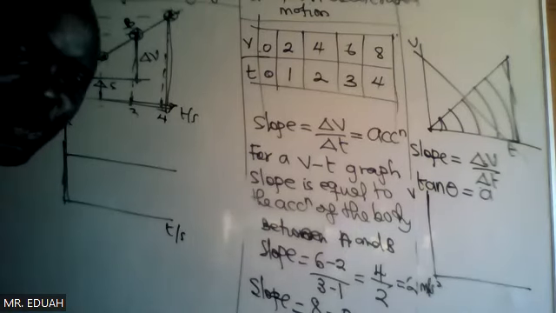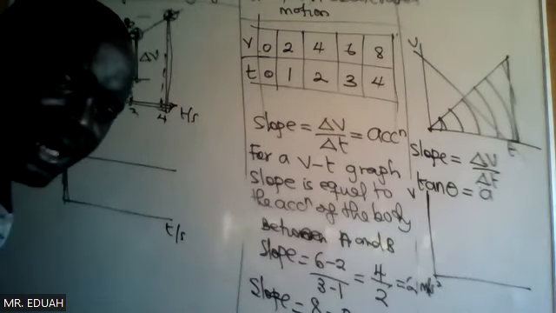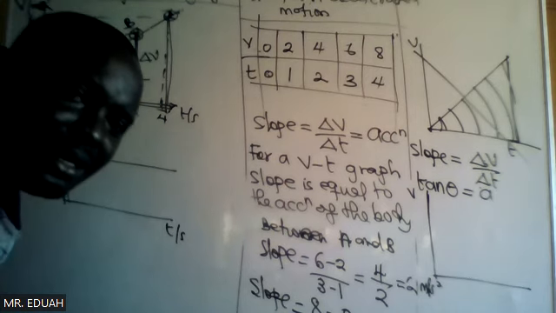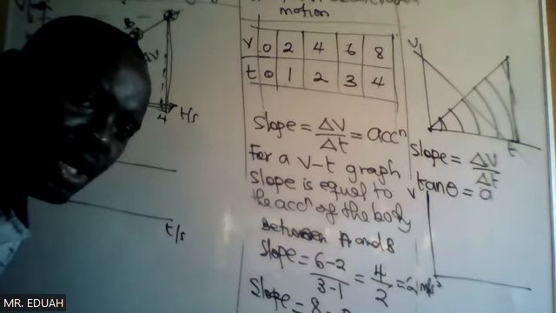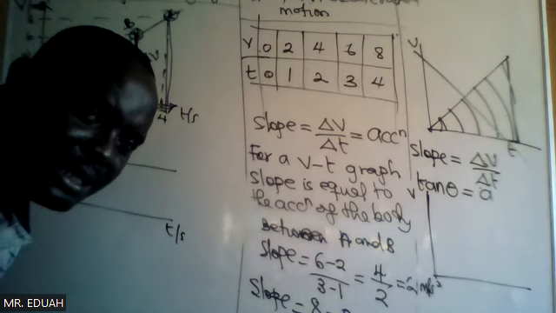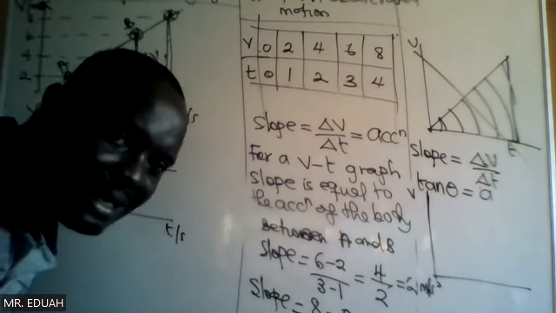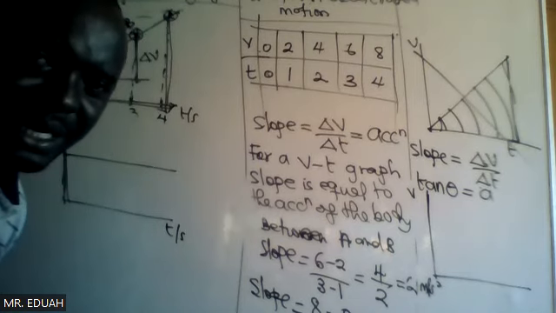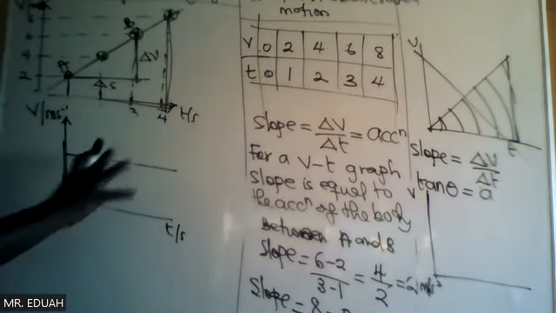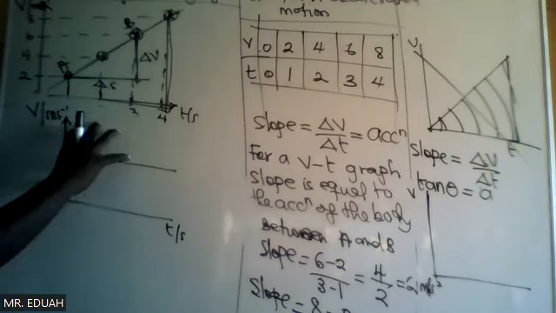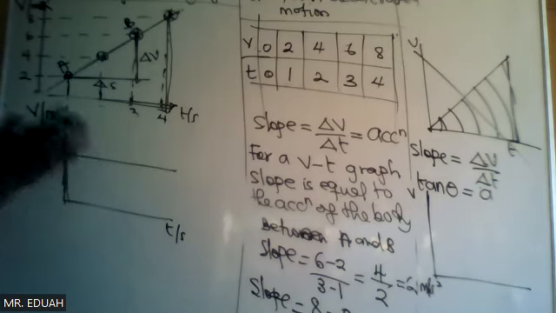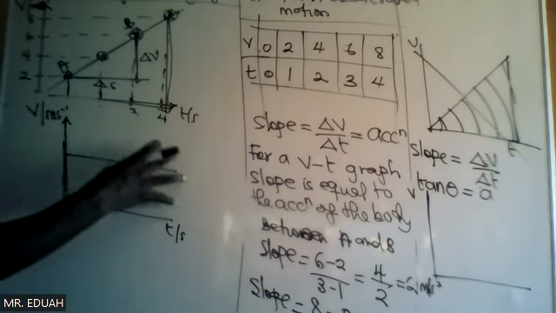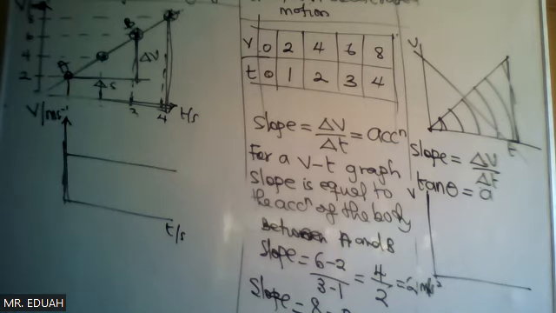Okay. Maybe Michael is still engaging his brain. Okay, Ayo, Samson, are you here? What meaning can you draw from this? For a velocity time graph, if it's like this, what does it mean?